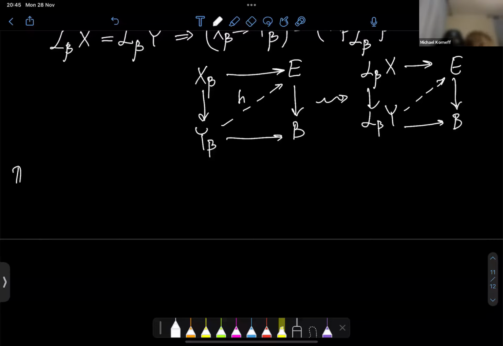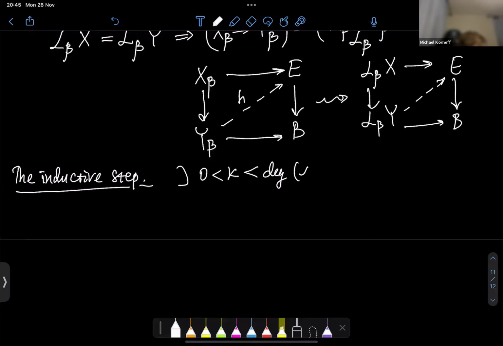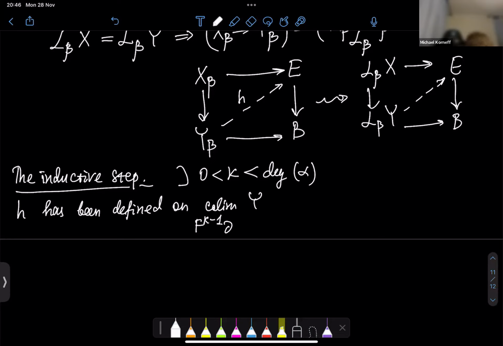The induction step, the inductive step. Suppose that k is between 0 and the degree of alpha, and the map H has been defined on the colimit over the k minus 1 filtration.